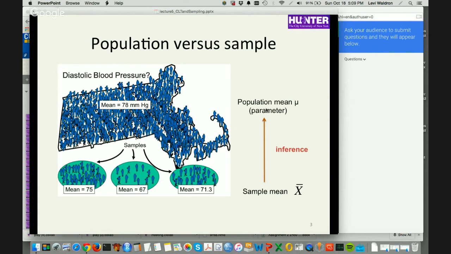You'll recall that we represent these differently in our notation, using Greek letters such as mu to represent things to do with the population, and regular alphabet letters such as X for things relating to the samples.